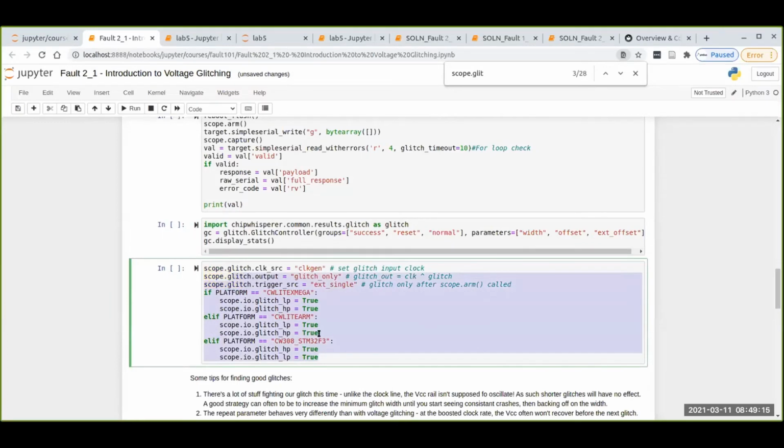So again, the author of the lab has not bothered to mention that none of those matter for the Chip Whisperer Nano, because again, we cannot glitch the clock.